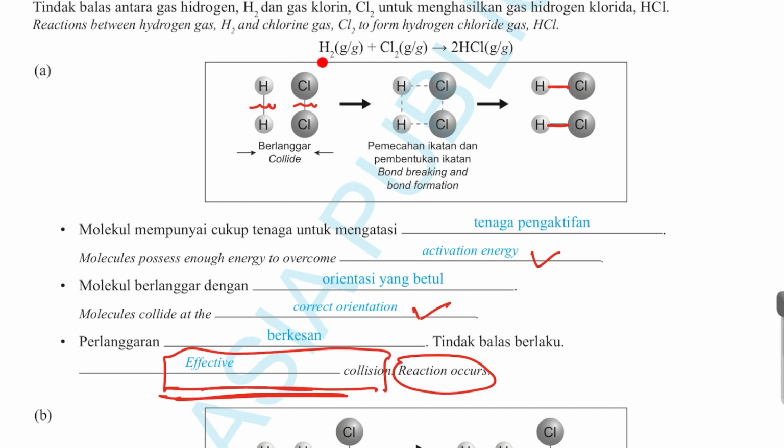H2 needs to break its bond to form a new bond with Cl. H2 will break its bond, Cl2 will break its bond to form new bonds as a product. So this is a reactant, this is a product. So actually in the reaction, it involves bond breaking and bond formation. Bond breaking of the particles of reactant, and then bond formation of the particles of product.